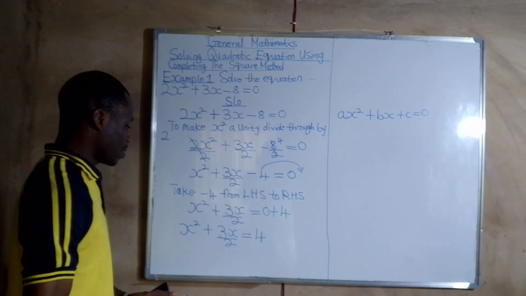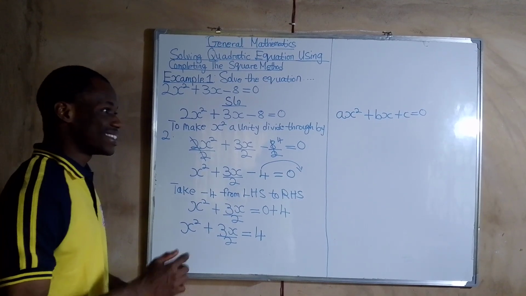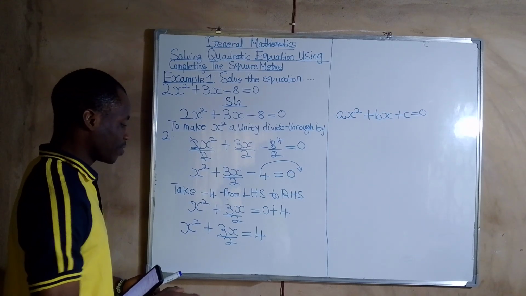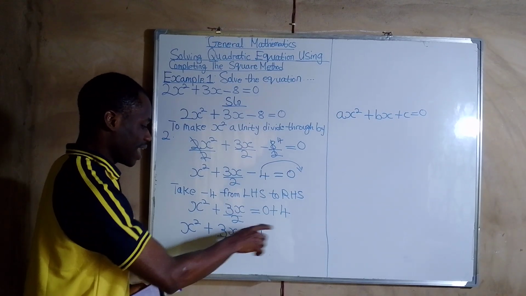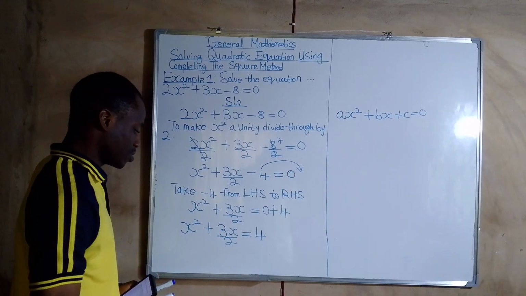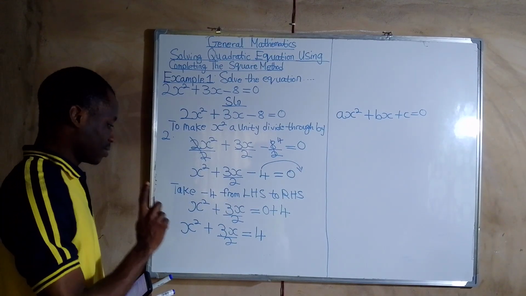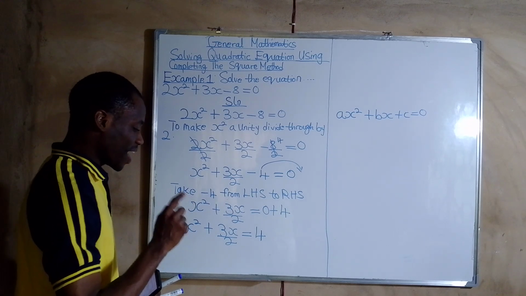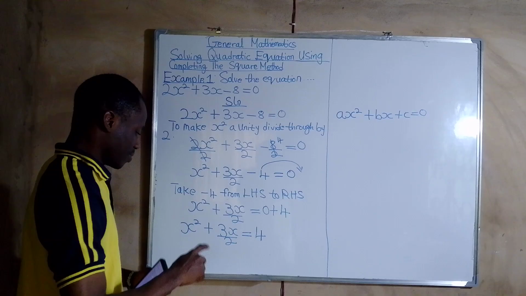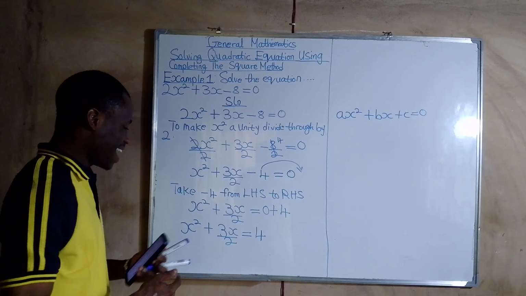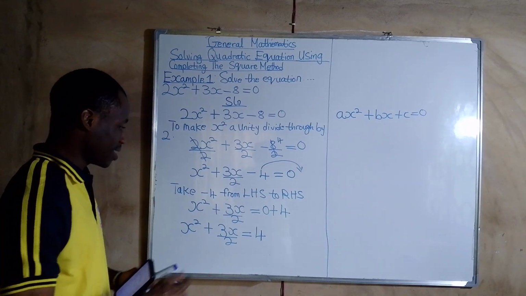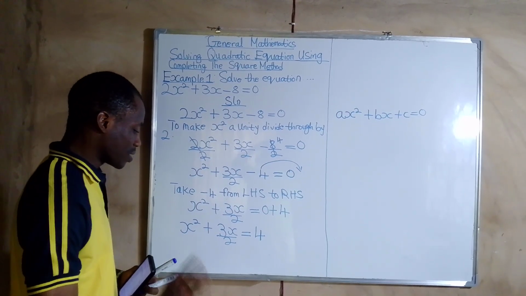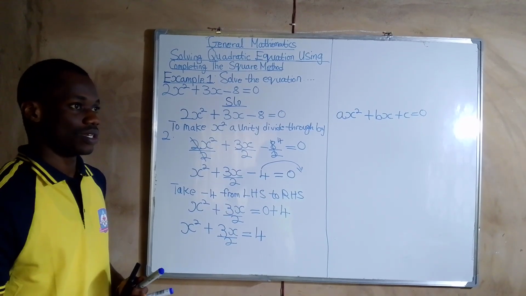Good. So now, the next step we are going to do is to take the square of half the coefficient of x and add it to both sides of the equation. In some places you have it like add the square of half the coefficient of x to both sides of the equation. So now which x are we talking about, because in algebra most students fail this.